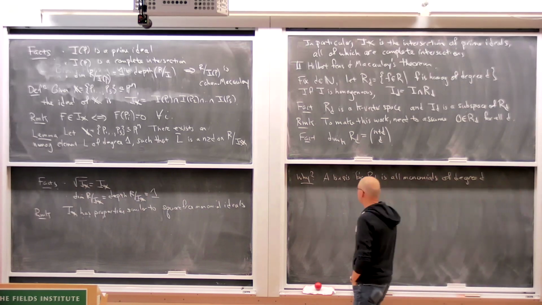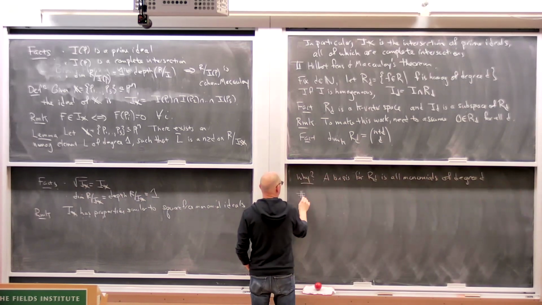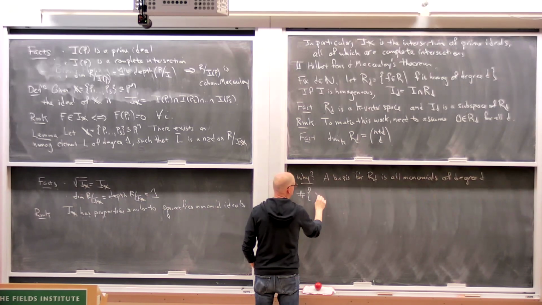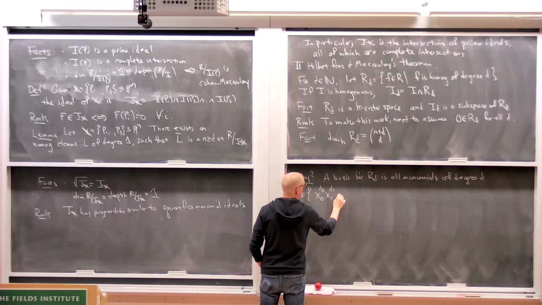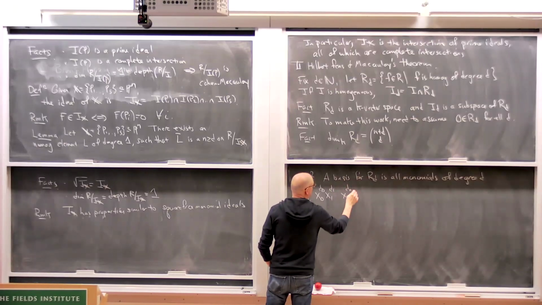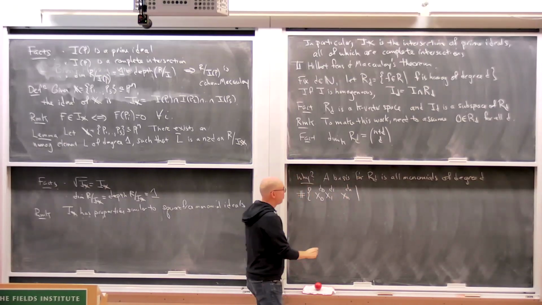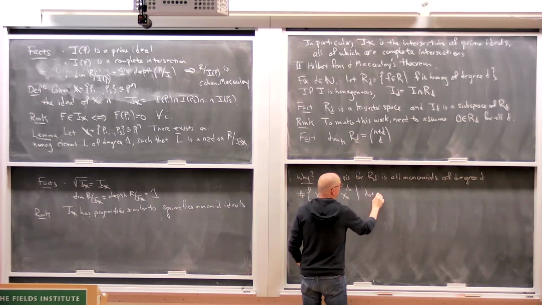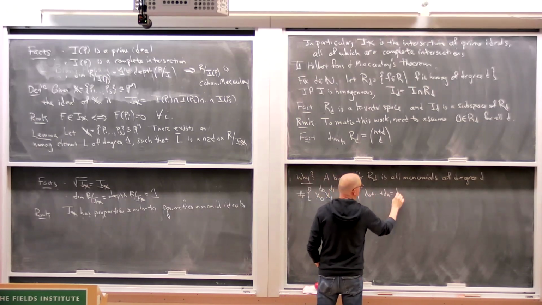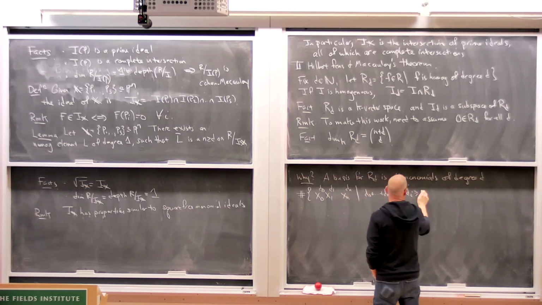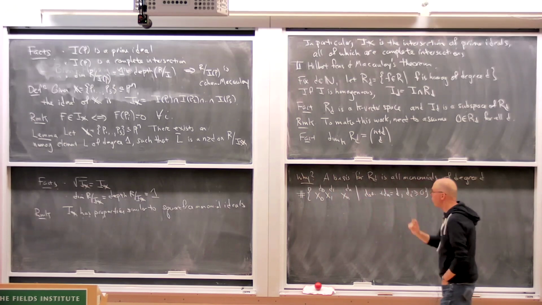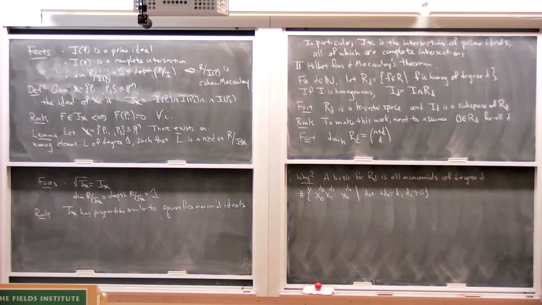So we need to know the number of things in this set. We need to count all these monomials where d0 up to dn sums to d, and each of these exponents is 0 or bigger.